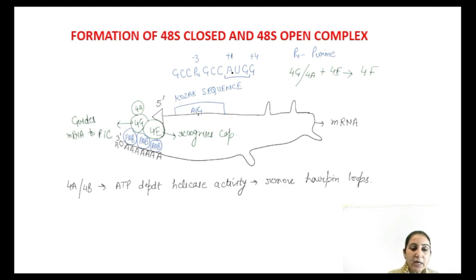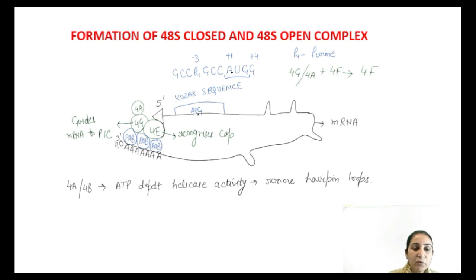Here is our AUG, that is adenine at +1 site, then U at +2, then G at +3. This is AUG in the Kozak sequence. After that, one more G is present in the mRNA, and before that is GCC.